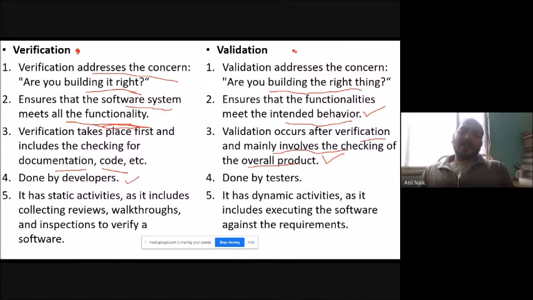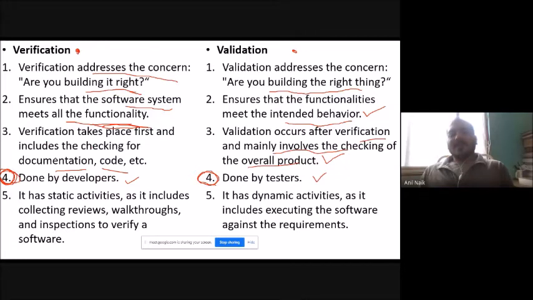Verification is done by the developers. Validation is done by the testers. It's very important: verification is done by the developers and validation is done by the testers.